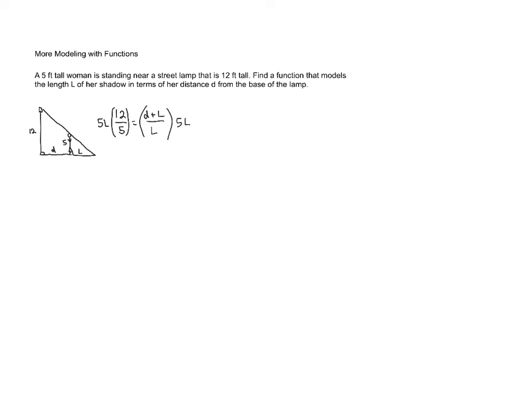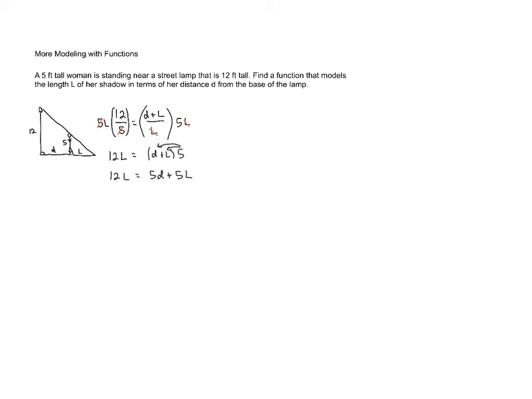Now on the left-hand side, the 5's are going to cancel, and that gives us L times 12, which is 12L. On the right-hand side, the L's cancel, and that gives us d plus L times 5, which we can multiply by distributing the 5. So we get 12L equals 5d plus 5L.